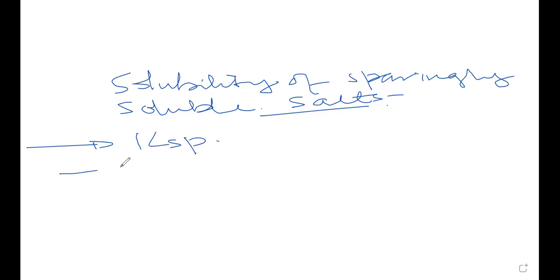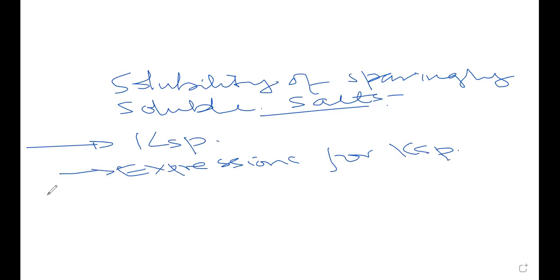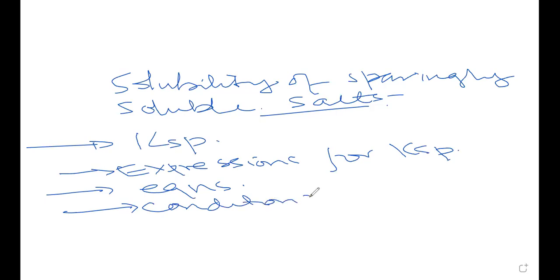We looked at expressions for Ksp for different electrolytes. We looked at equations for sparingly soluble salts. We looked at conditions under which Ksp is valid.